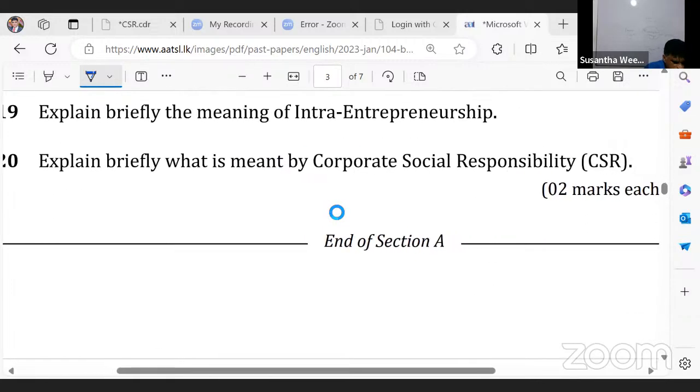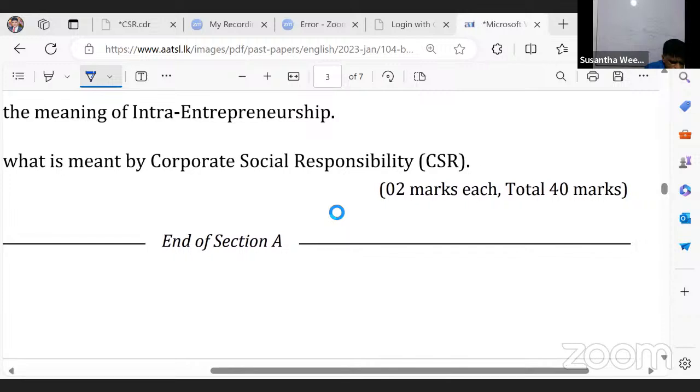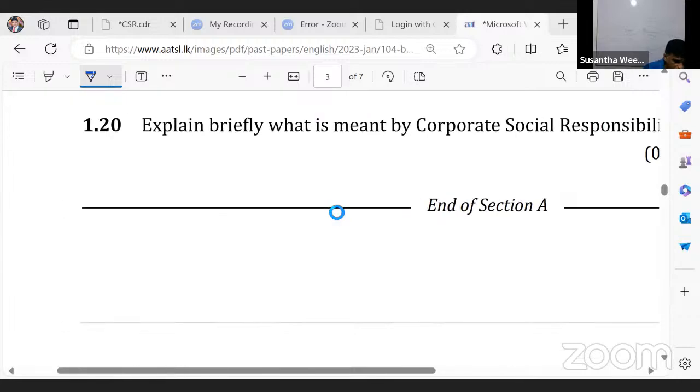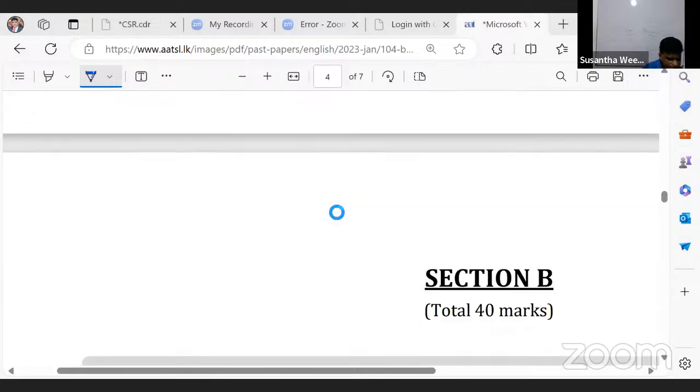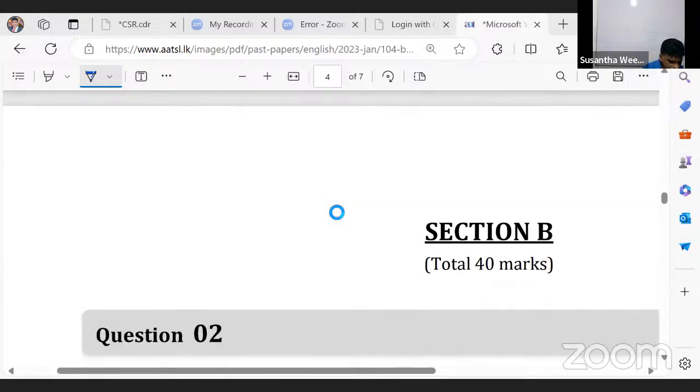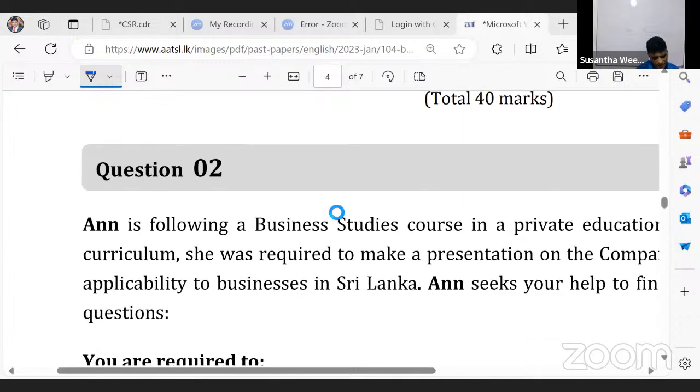Explain briefly what is meant by corporate social responsibility, right? Corporate social responsibility, or CSR, stands for the special responsibility an organization has towards the society.